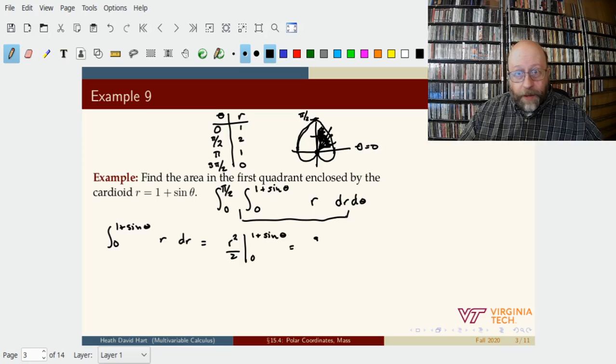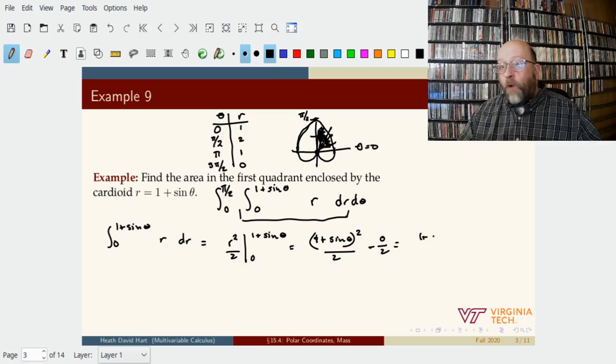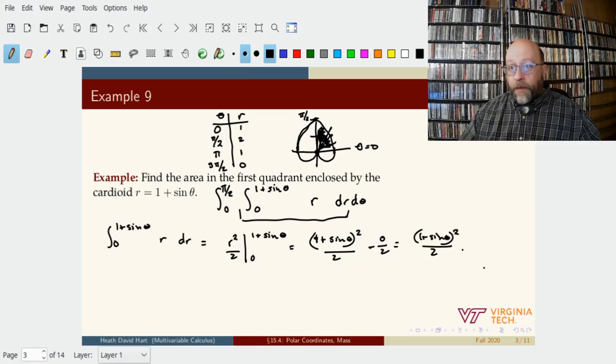And we get 1 plus sine theta squared over 2 minus 0 over 2, which is just 1 plus sine theta squared over 2. All right.